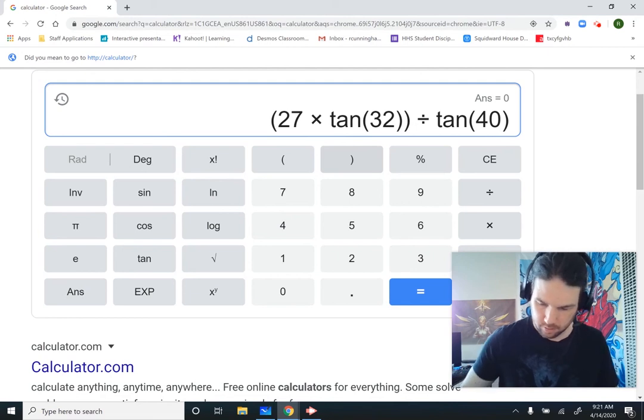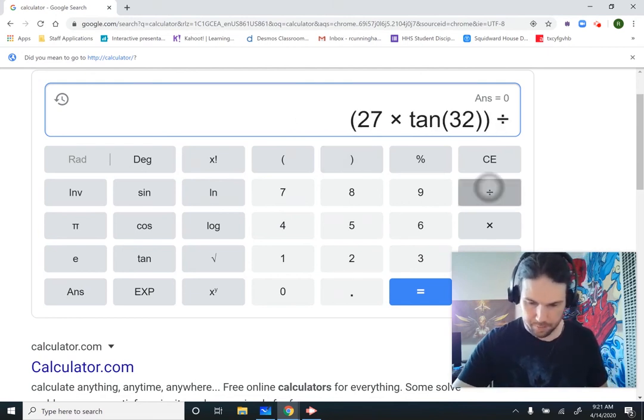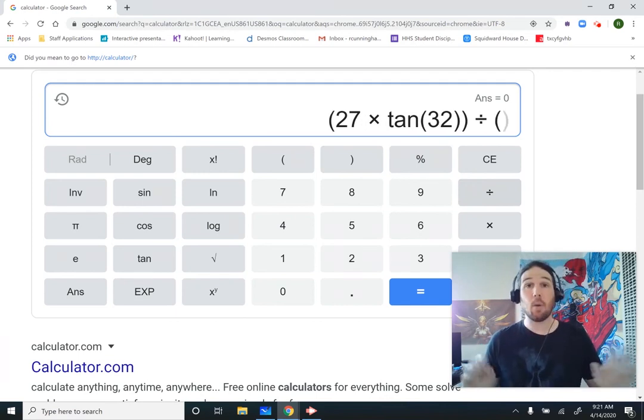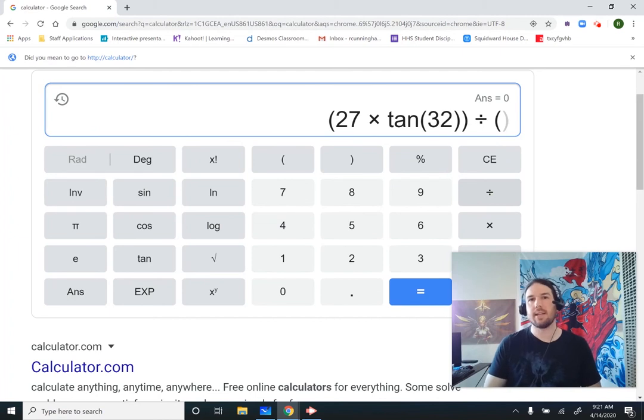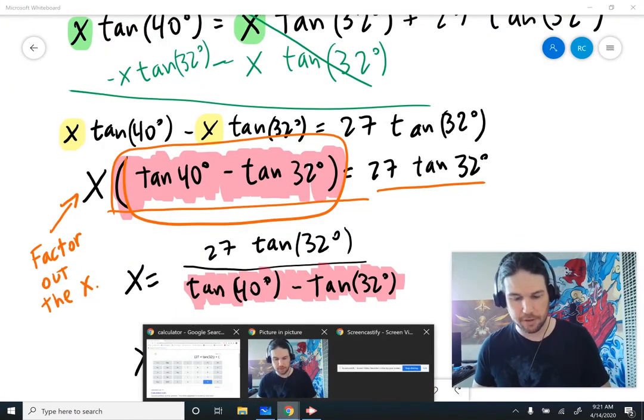Can I go back? All right, divided by parentheses. I want to make sure everything gets done in the right order. If I was doing this on a regular calculator, I would probably do it step by step, one step at a time. So it was, checking again, tangent 40 minus tangent 32.